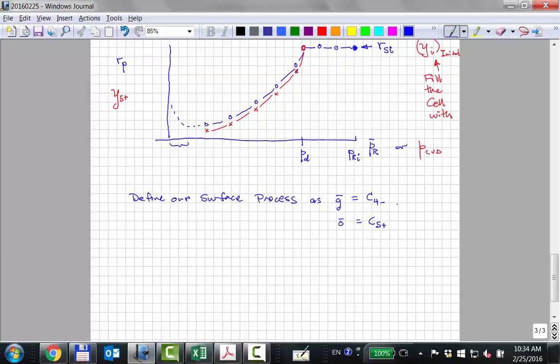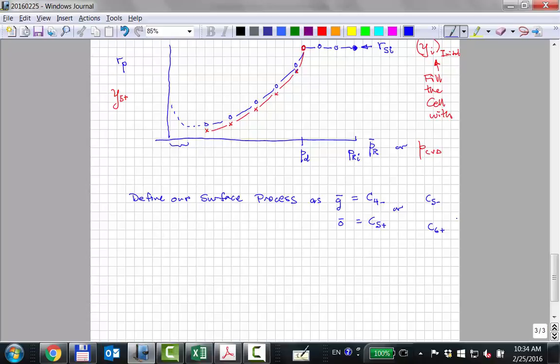Depending on the actual process, this might be a good representation, or if it's a less efficient process like in Oklahoma or Texas, then it might be something like this. It's an approximation, but it's not a bad one. It just makes things a lot simpler.